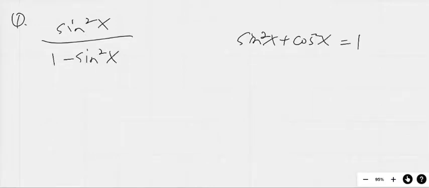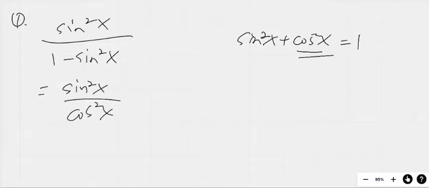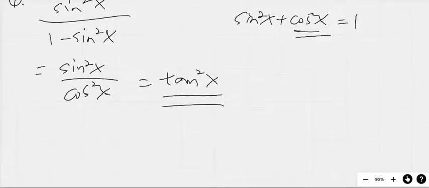And 1 minus sine square x is equal to cosine square x. Therefore, this will become sine square x over cosine square x. And sine over cosine is tangent, so tangent square x. Therefore, here you go. This is the simplest form.